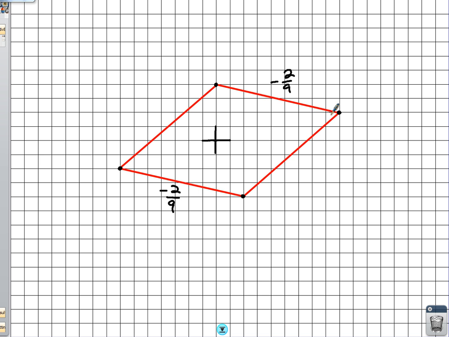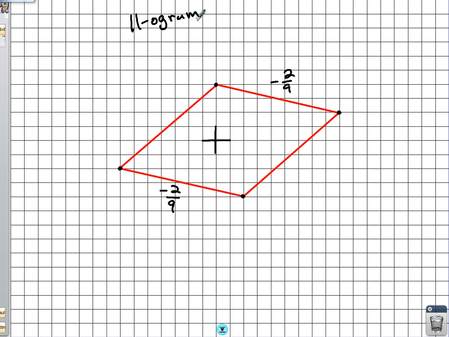If you want to find this distance and this distance, you would do so by using Pythagorean theorem. You've got a length of 2, a length of 9, a length of 2, a length of 9. It's going to be the same thing. One of your conditions says if opposite sides are both parallel and congruent, it is a parallelogram. So really, you don't even have to check this one. It's going to be parallel. So we have a parallelogram so far.